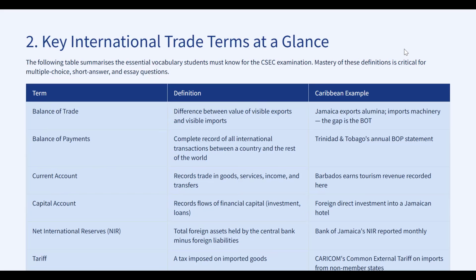And then the net international reserve, that refers to the foreign currencies held by a country's central bank.